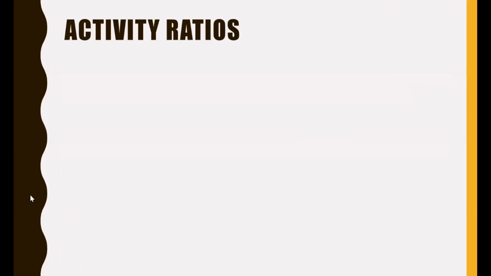Aside from these two ratios, okay, meron pa tayo, no? Hindi lang yan. We have other activity ratios. So we have, for operations, inventory turnover, which is calculated by dividing cost of goods sold by average inventory.